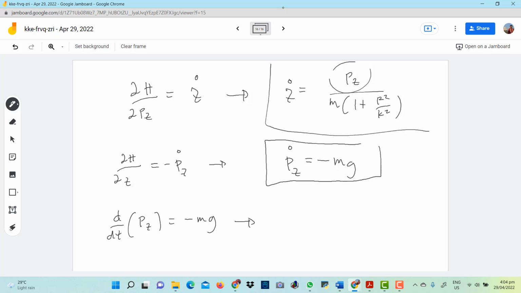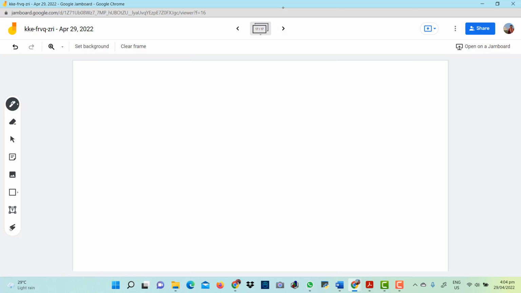Since pz is equal to m z dot (1 plus r squared over k squared), if I differentiate that, I get d/dt of m z dot (1 plus r squared over k squared) equal to minus mg.